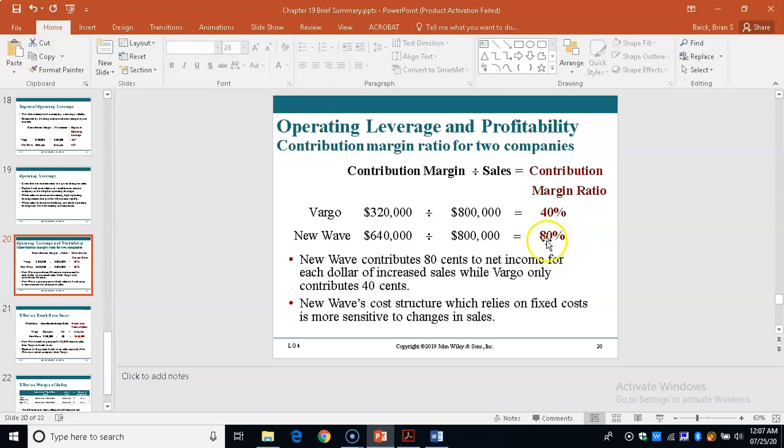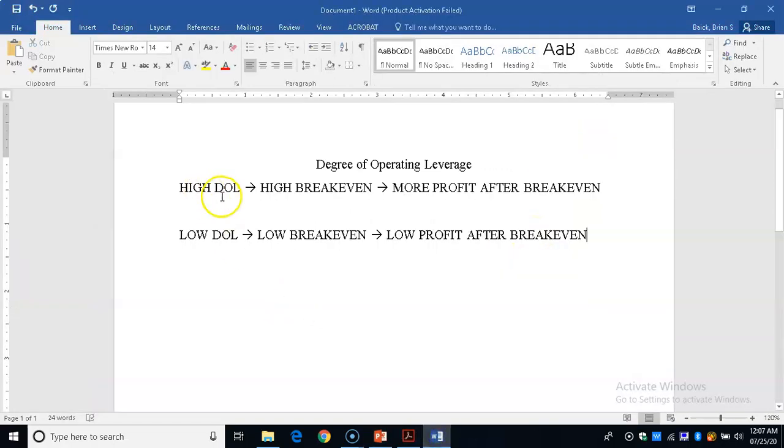Which one contributes more to your bottom line? New Wave does. So that means New Wave has high degree of operating leverage, so high break-even and more profit after break-even. Vargo has low DOL, low break-even, and less profit after break-even.